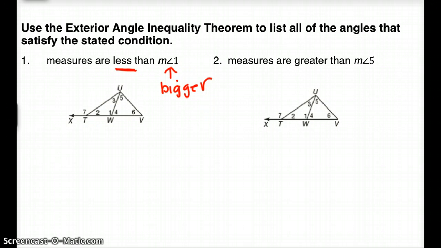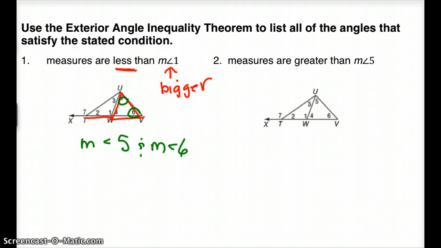So I need to have angle 1 be an exterior angle. I'm looking at that triangle right there. The remote interior angles are the ones that are going to be smaller. So here's 1. So 5 is a remote interior and 6. So the measure of angle 5 and the measure of angle 6 are going to be smaller than 1. Again, I want 1 to be the bigger angle, so I had to have 1 be on the outside.